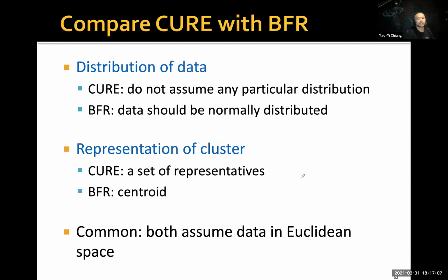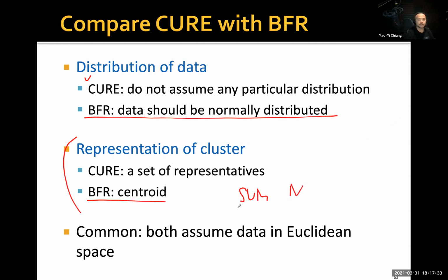If we compare CURE with BFR, we know that for BFR the data set should be normally distributed in each dimension. For CURE, it does not assume any particular distribution of your data. For the representation of clusters, remember in BFR, we are using the centroid, right? Because you have this sum vector and you have this number n.